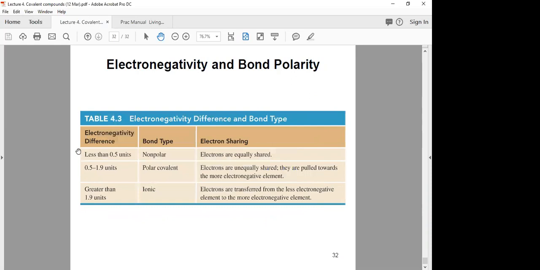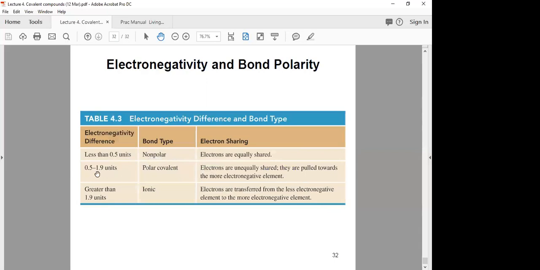So, if you see an electronegativity difference between two atoms participating in a covalent bond, and that difference is less than 0.5, and we saw an example of carbon and hydrogen, 2.5, 2.1, the difference between those two is less than 0.5 units. When you see this, the covalent bond type is non-polar, which means the electrons are equally shared and we don't have the creation of a dipole.